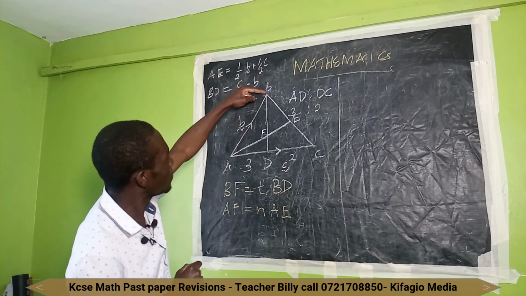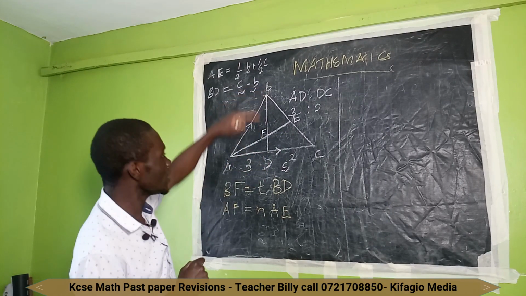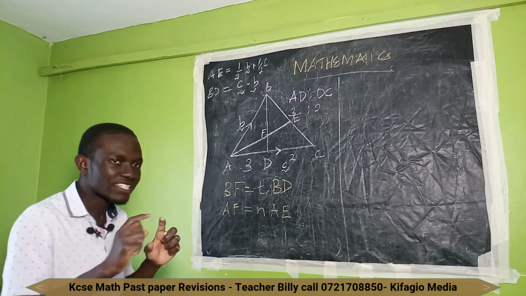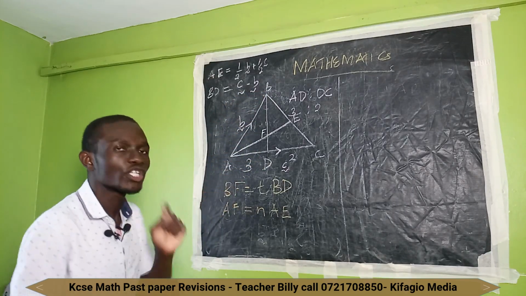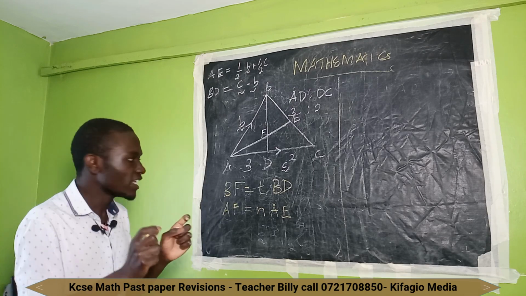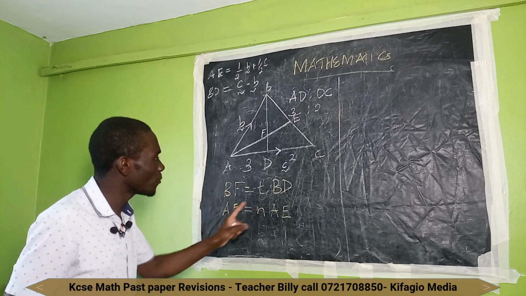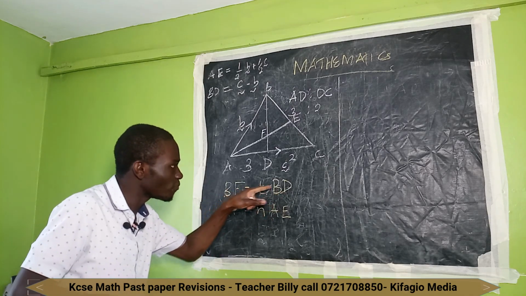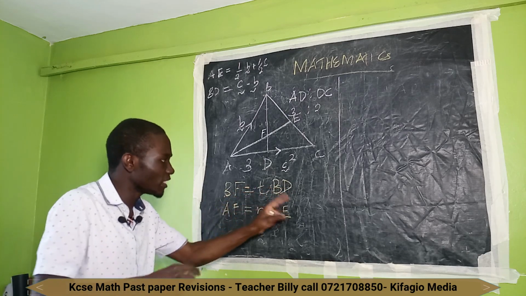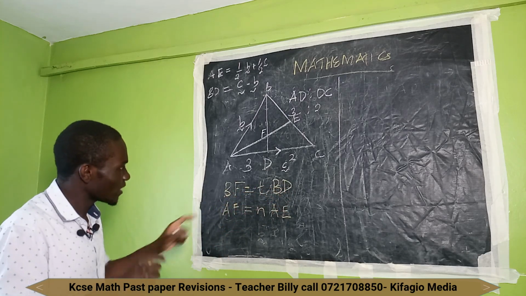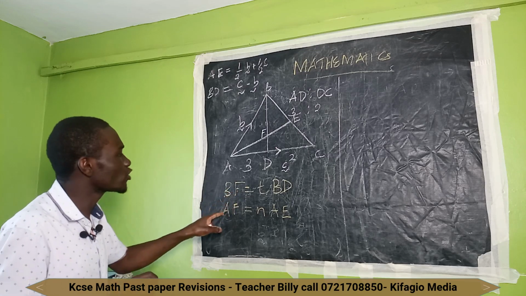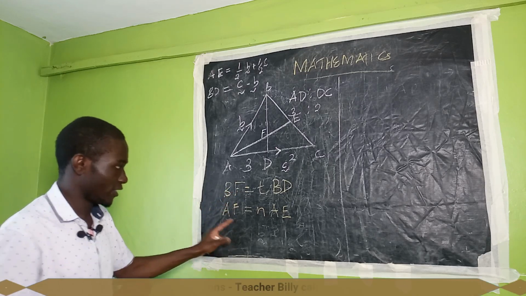The same way, BF was a line segment on BD. And therefore, you just have to express BF in two different ways. The first way is BF being directly a scalar multiple T of BD. And secondly, express BF again, however, passing through AF. This is what I mean.